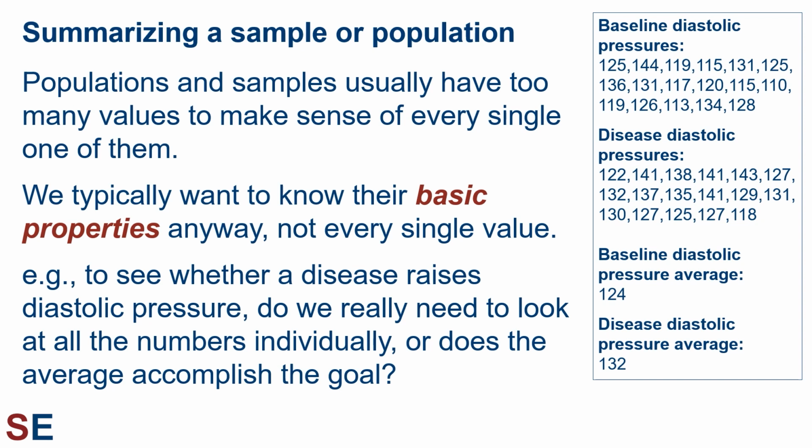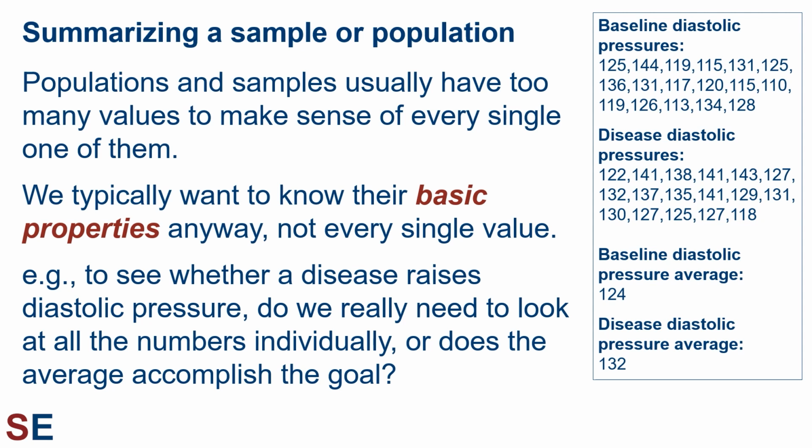And second, if we looked at the first couple of values or the last couple of values, we would actually see that the first set of values seems to be larger than the second. Only when we calculate an average for all the values together do we see that the second set has an average or typical value that is larger than the first set. So we usually want to calculate basic properties like this for a sample or for a population.